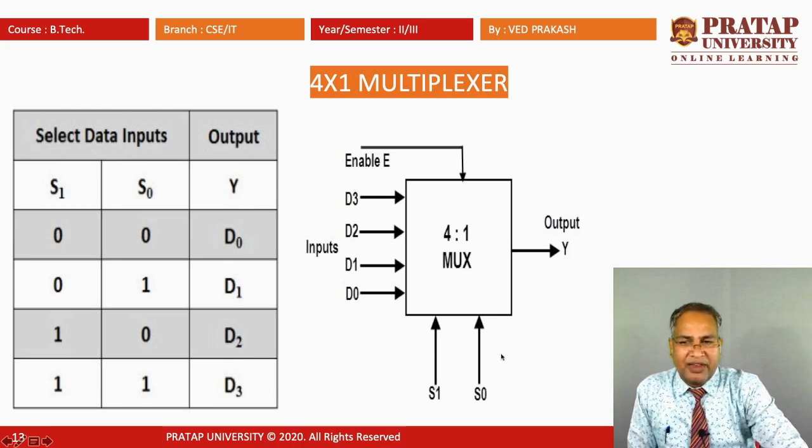Similarly, when both inputs are 1, we get data line D3 at the output terminal Y. So, we can say that the overall role is played by these selecting lines, and their values produce the outputs of all the input lines one by one at the output terminal.